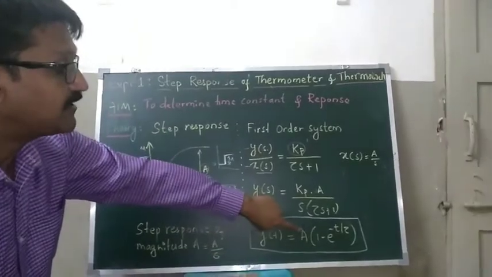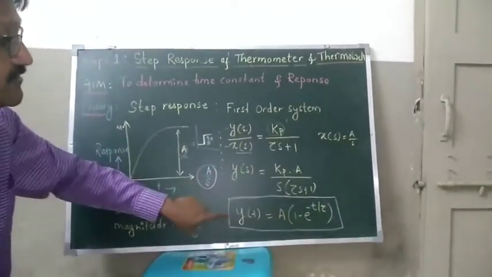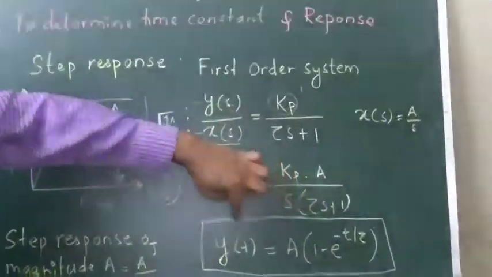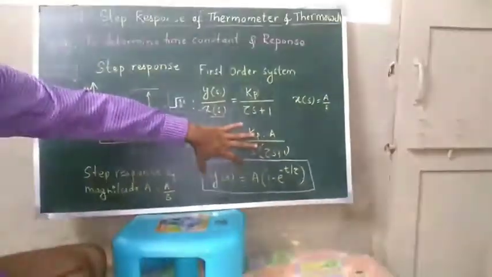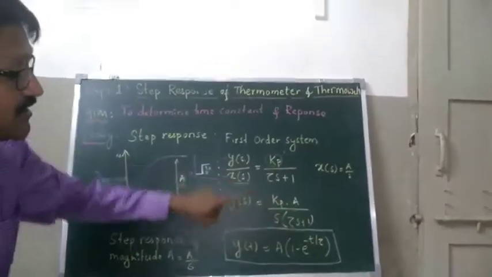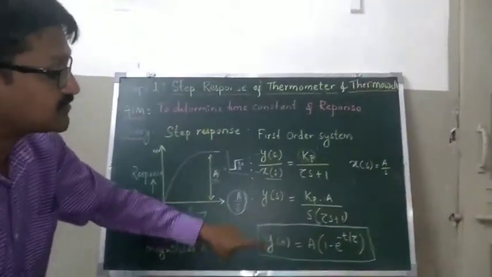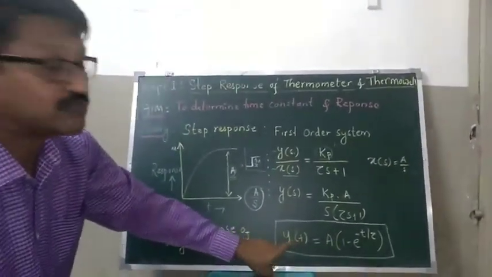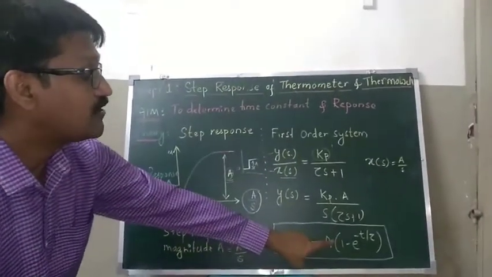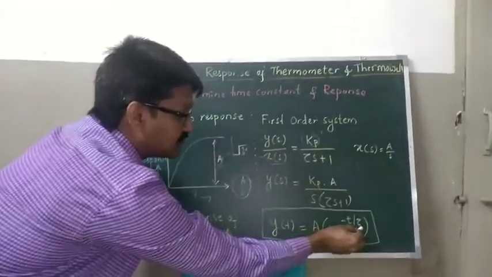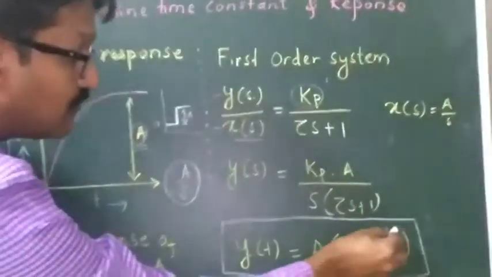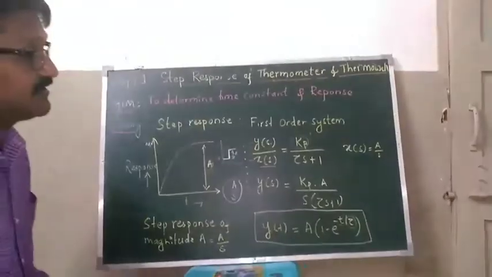If the magnitude of a step change A is given, then I can easily calculate the response at any instant of time by using this equation. This equation will help you to determine what would be the response after some time. So therefore y of t is equal to A into 1 minus e to the power of minus t by tau. So t is time, tau is the time constant. You are going to know what is the time constant of a given system.